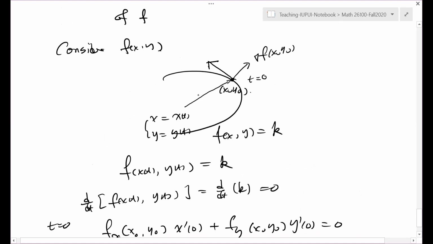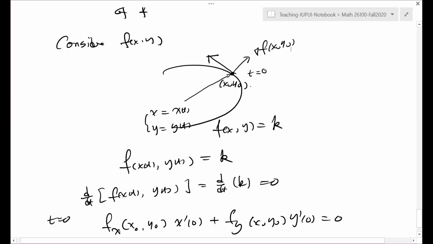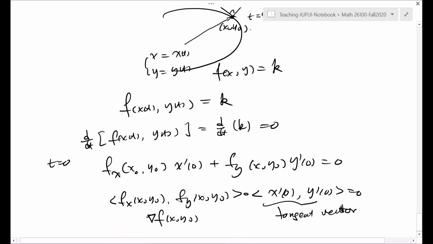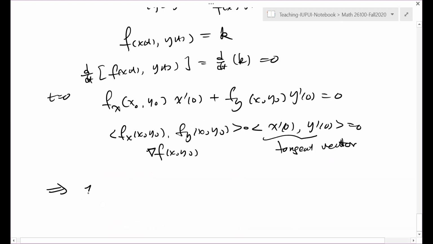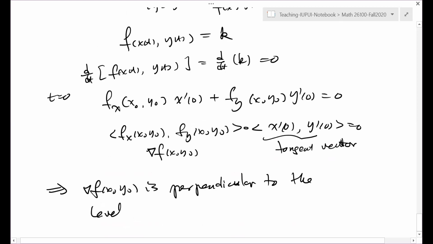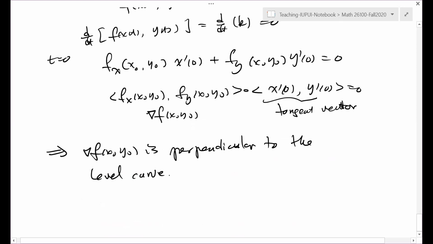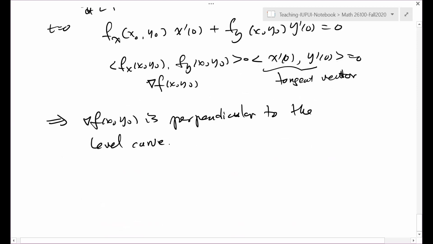So they're perpendicular, which implies the gradient is a normal vector, perpendicular to the level curve. That's the geometric meaning. So you know what the gradient is now.